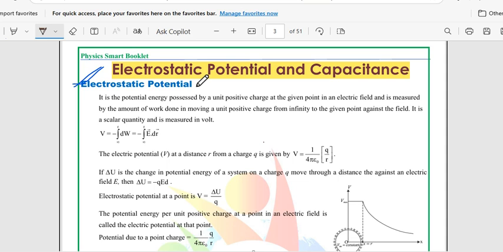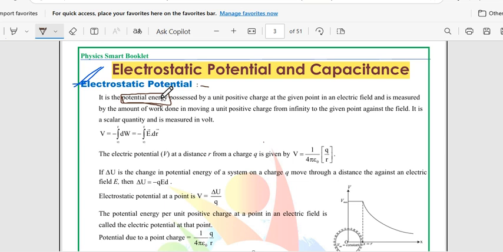See, what is the definition? This is all the phenomenon related to electrostatics. It is a potential energy possessed by a unit positive charge. What do you mean by potential energy? You know it very well. It is related to the position.